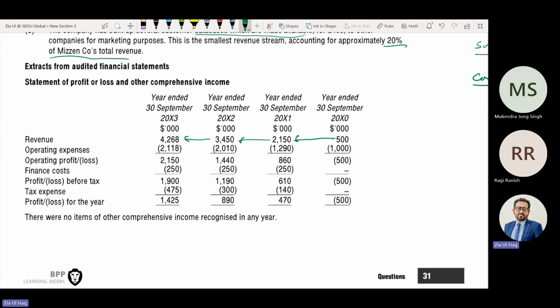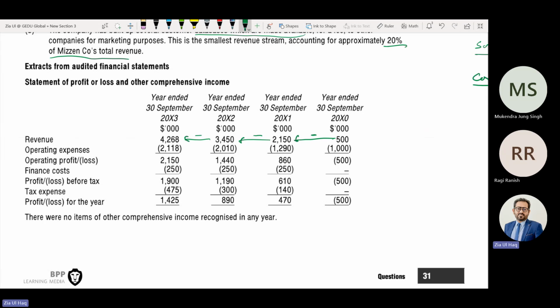We need to see what revenue growth from here to here, here to here, and here to here. And if you look at the growth rate was more here, lesser here, meaning revenue growth is declining over the years. Though in terms of amount it is increasing, revenue growth in terms of percentage is declining.